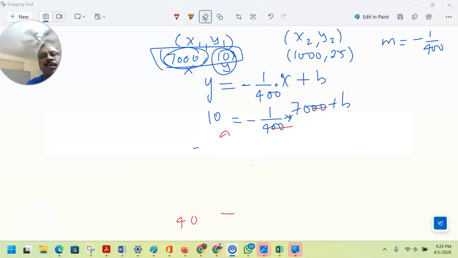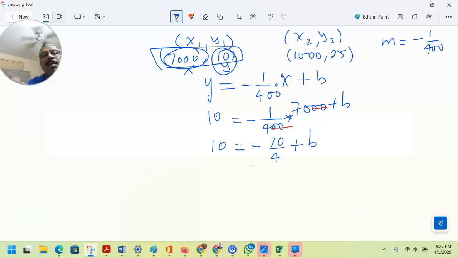I'm going to add 70 over 4 to both sides because you have to solve for b.